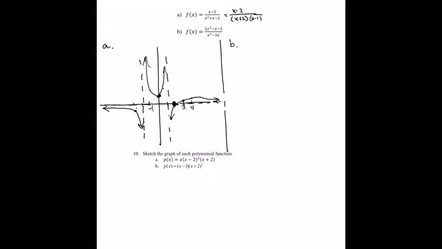Part B, if we factor the denominator, we factor out an x and have x minus 3. If we factor the numerator, let's see, we'd have 2x, and then we would need a plus 3 and minus 1.